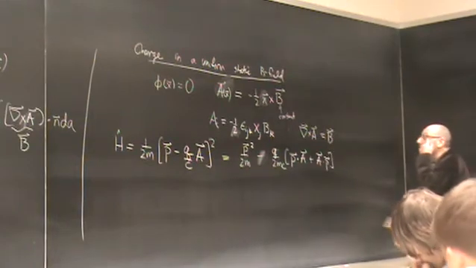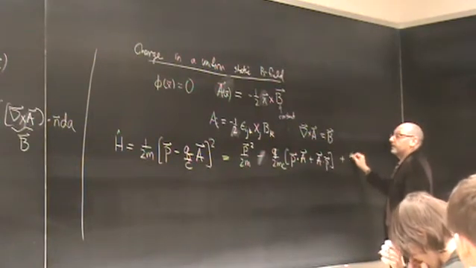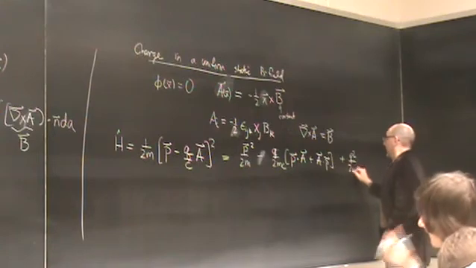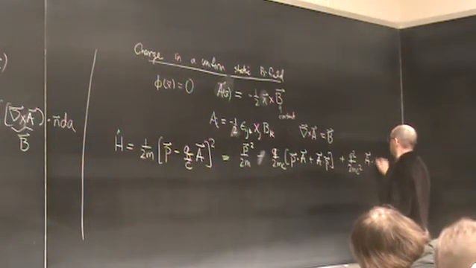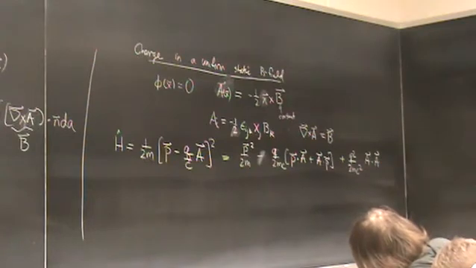And then we have plus q squared over 2m c squared, A dot A.